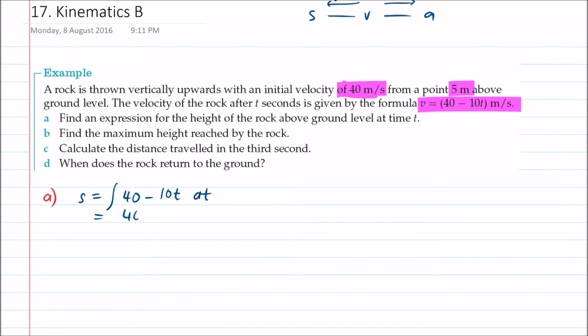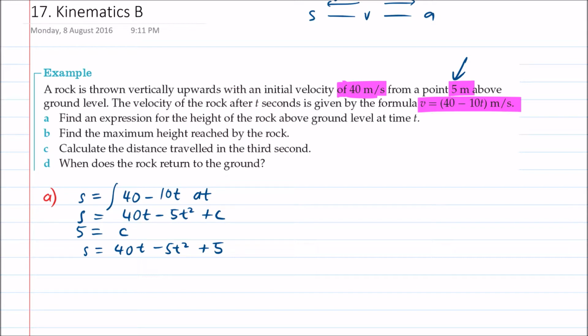So that will be 40t minus 5t squared plus c, and we know that when t is 0 it's 5 meters above, and so we could say that 5 equals c, and so our distance s is going to be 40t minus 5t squared plus 5.